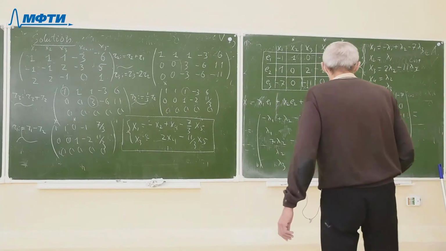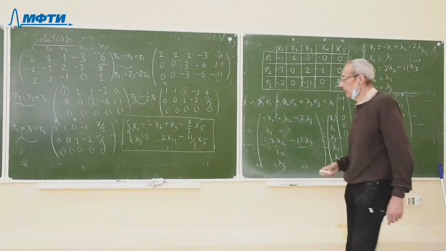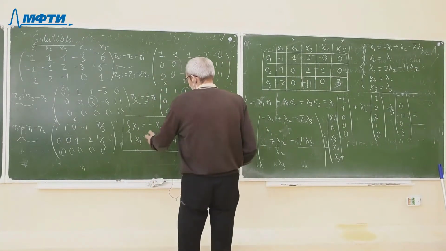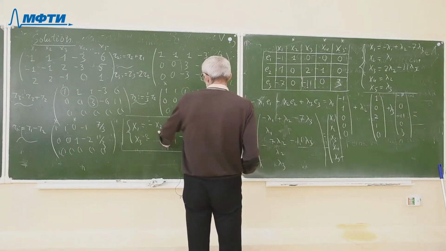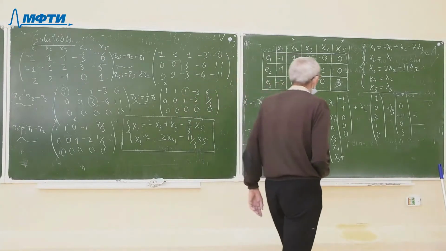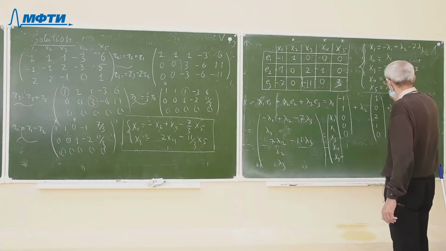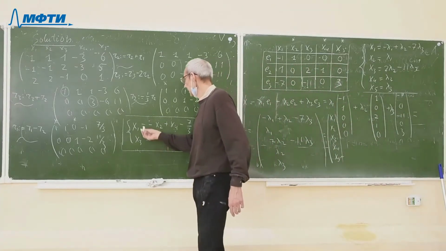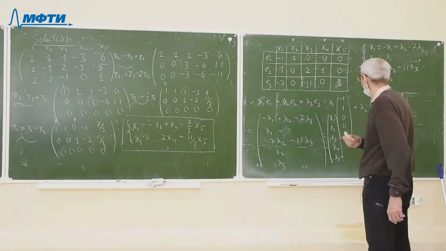It's easy to see that I obtain the parametric form of this equation. If in this equation I put the independent variables x2 equal to lambda 1, x4 equal to lambda 2, and x5 equal to lambda 3, I rewrite this solution in this parametric form, which is equivalent to this form.